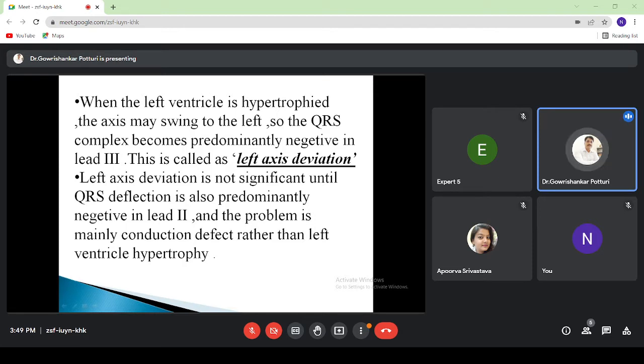And the problem is mainly the conduction defect rather than left ventricular hypertrophy. If only lead 3 deflection is seen, it is mainly conduction defect. But if you see left axis deviation in both lead 3 and lead 2, then it is left ventricular hypertrophy.